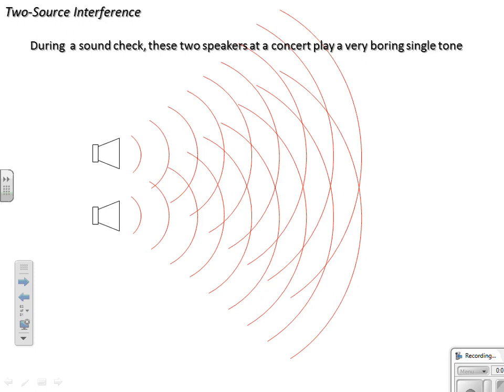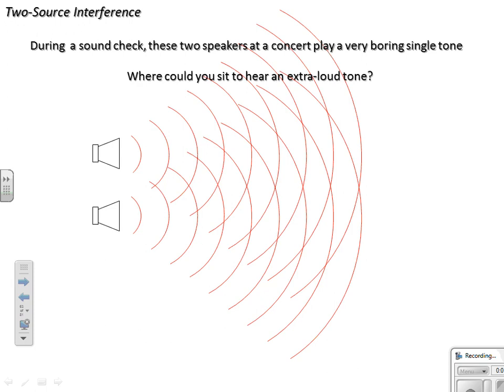So we can actually observe here the wavelength of each wave. There to there is a wavelength. And notice that each source puts out a wave of the same wavelength. And notice that it looks like at the same instant, a peak came out of both. So we say that the waves leave each source in phase, all right?